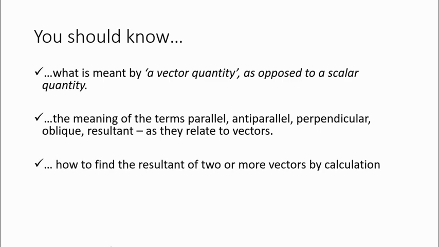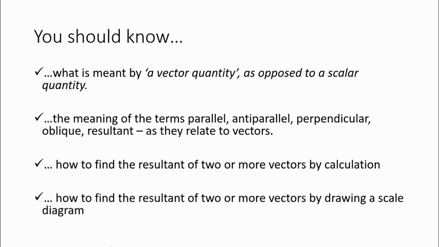You should know how to find the resultant of two or more vectors by calculation. At some levels, calculation is emphasized, while at some levels, scale drawing is emphasized. So we want to look at both methods of finding the resultant of two or more vectors.